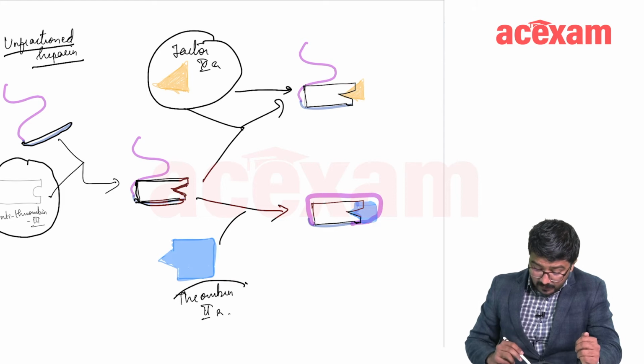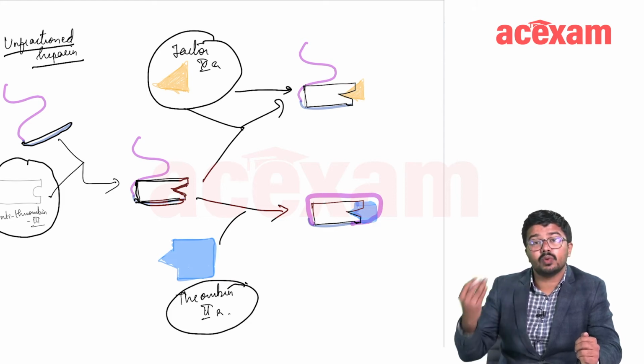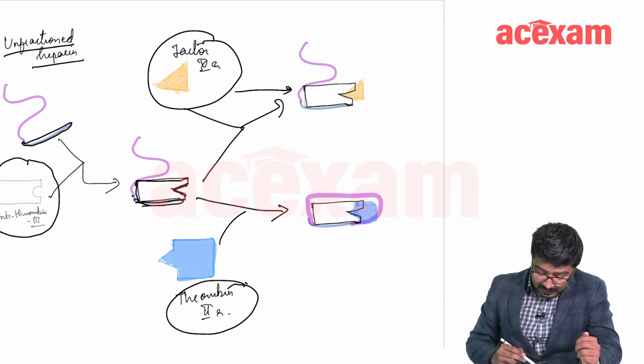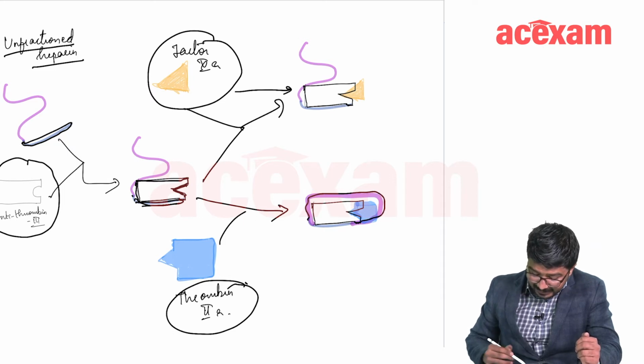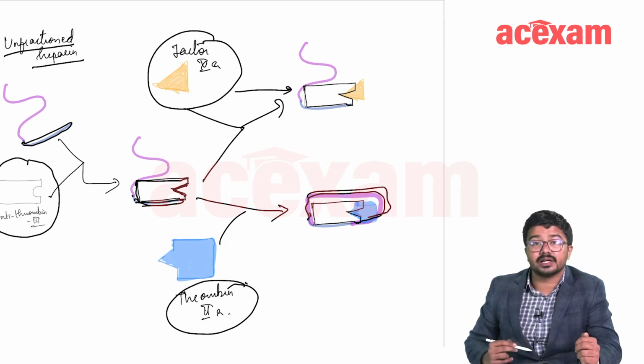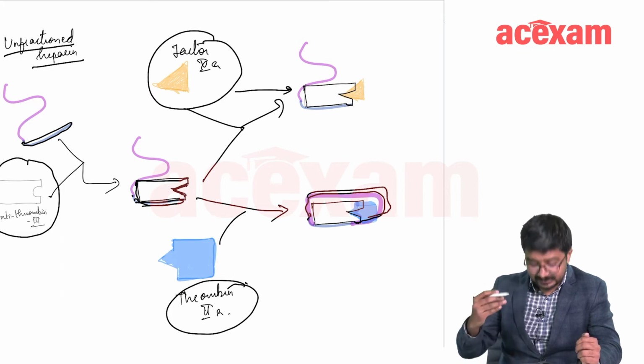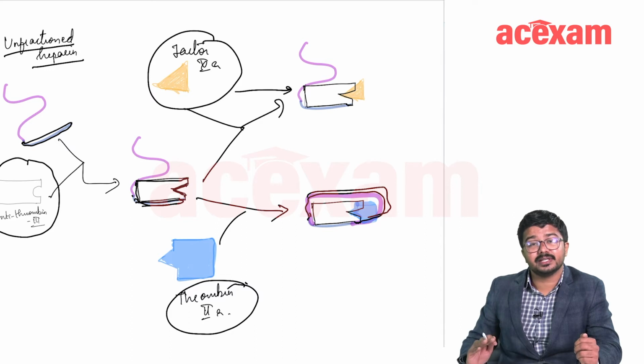But for the inhibition of thrombin 2A, one more thing is needed. That is, the remaining structure, other than this pentasaccharide, should encompass the binding of thrombin 2A as well as the antithrombin 3. So this encasement needs to occur. Once this encasement occurs, then the antithrombin 3 will get activated, so that means the thrombin 2A will get inhibited.